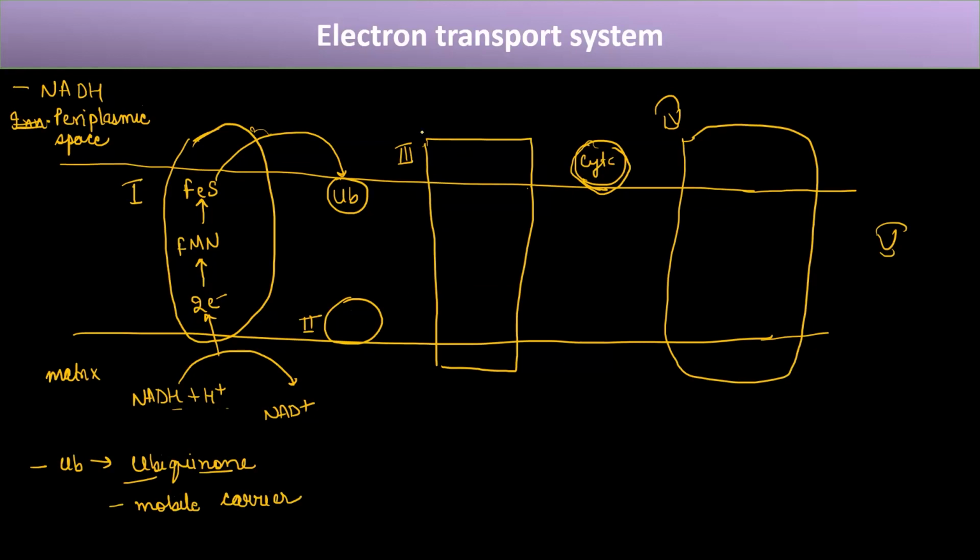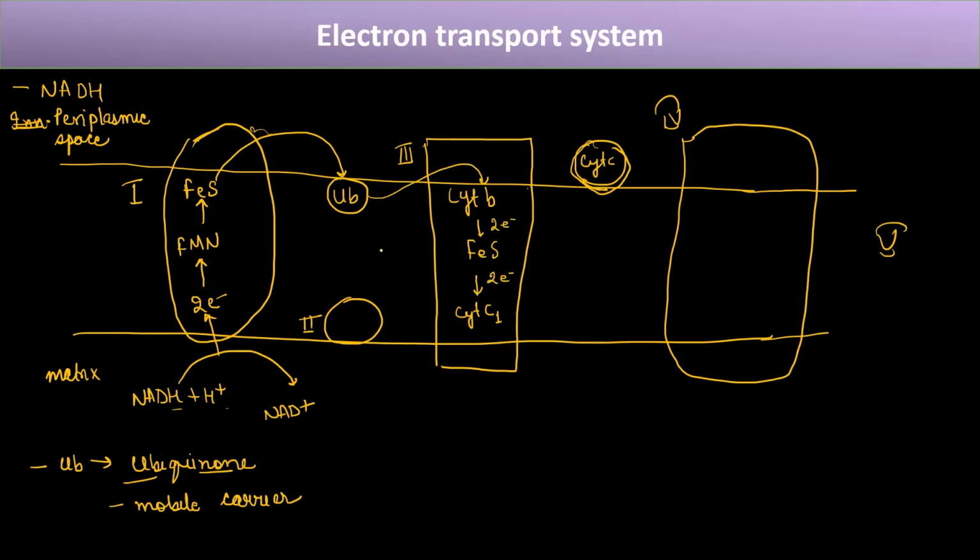It goes to your third complex. And your third complex involves what? It has cytochrome B, which I'm writing as CYTB. Then from here it goes to FeS, and from FeS it goes to cytochrome C1. So it goes like this, two electrons here, two electrons here.